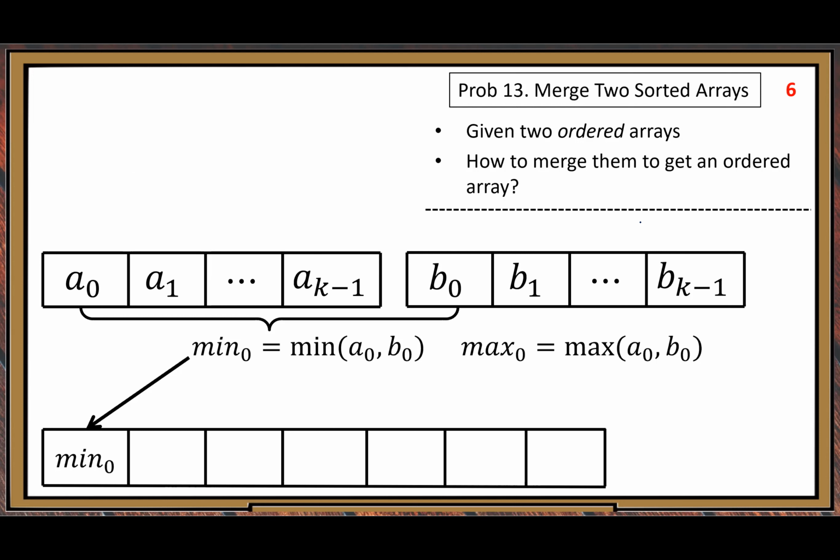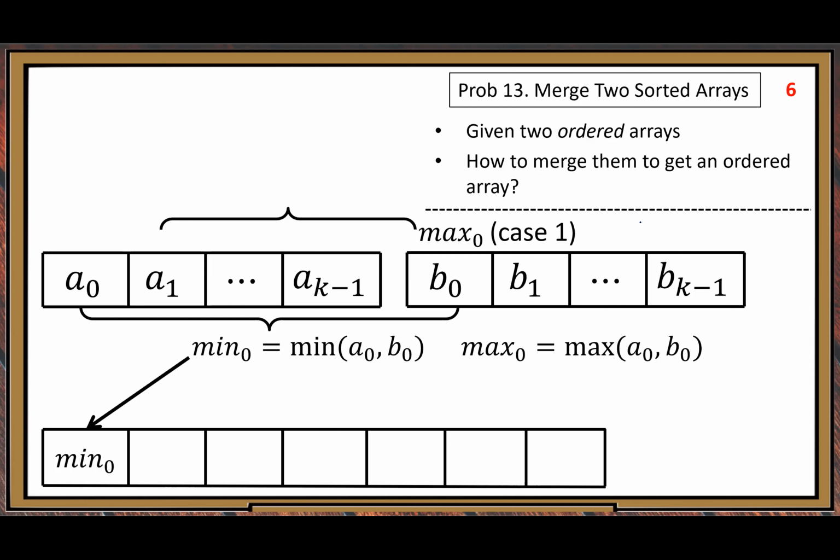Next is the survivor, max 0. We do not know its position, so we need to do another comparison. Here we consider, let's say, B0 is that max 0. In the next round of comparison, we compare A1 and B0.